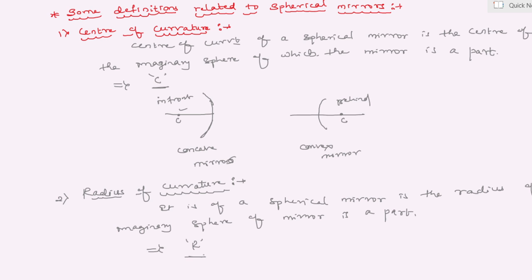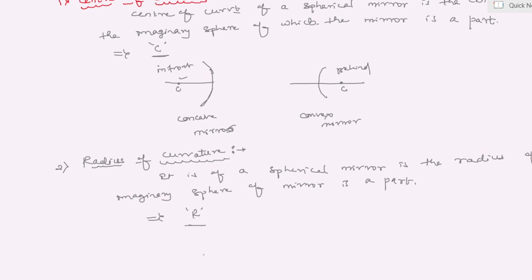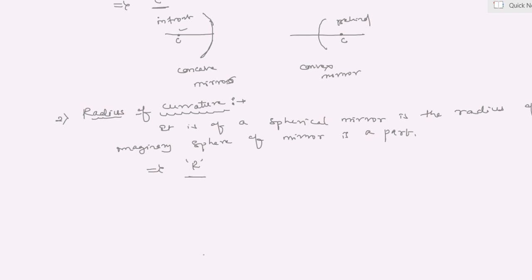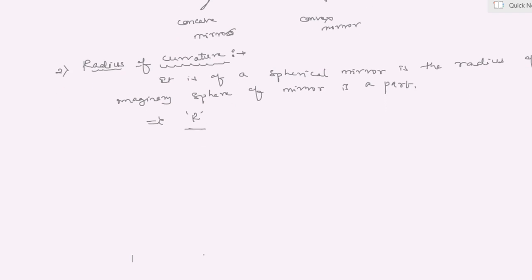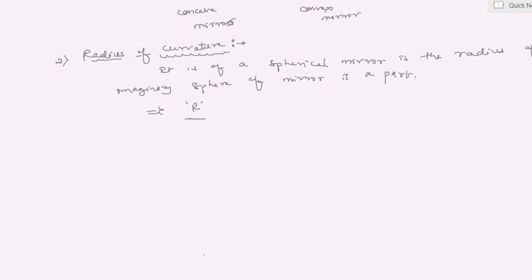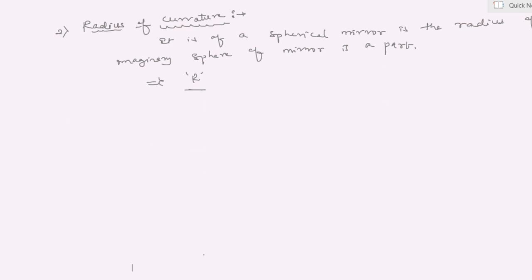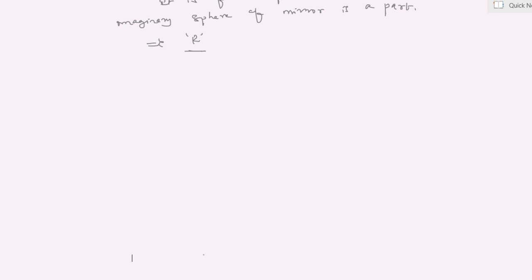Radius of curvature. Yes, my dear students, I remind it once again what is meant by radius of curvature. Radius of curvature of a spherical mirror is the radius of the imaginary sphere of which the mirror is a part. It is termed as radius of curvature. It is denoted by the capital letter R.